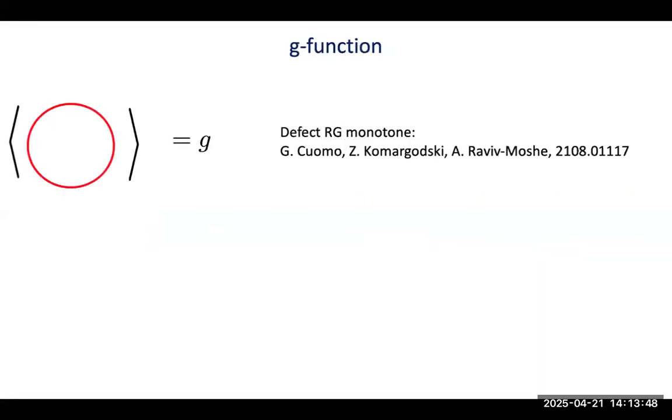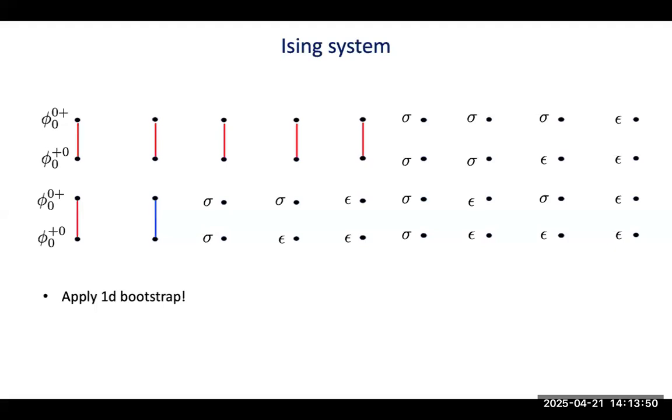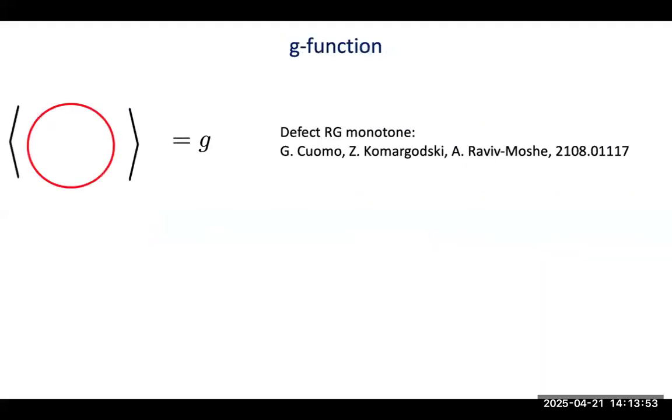Okay. And surprisingly, our method can access a quantity which is the defect central charge. You might be familiar with this from two-dimensional boundary conformal field theory, where it denotes the boundary zero temperature entropy.